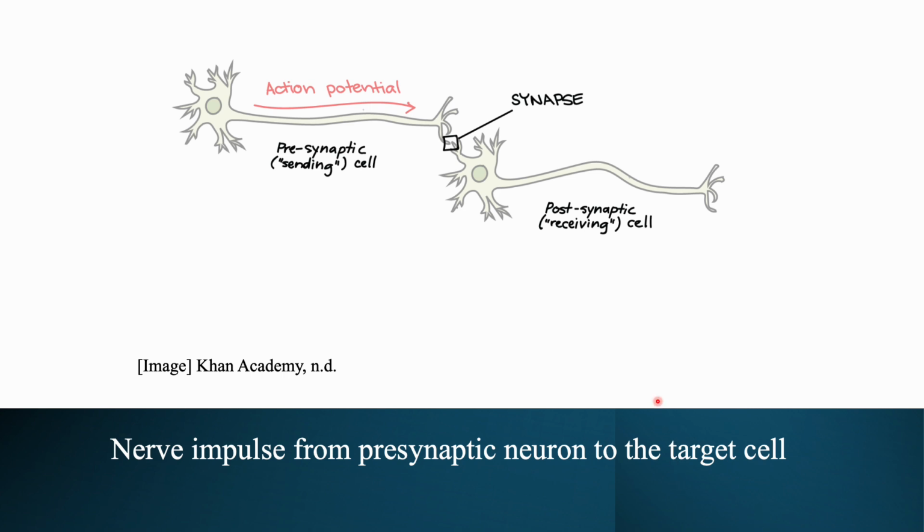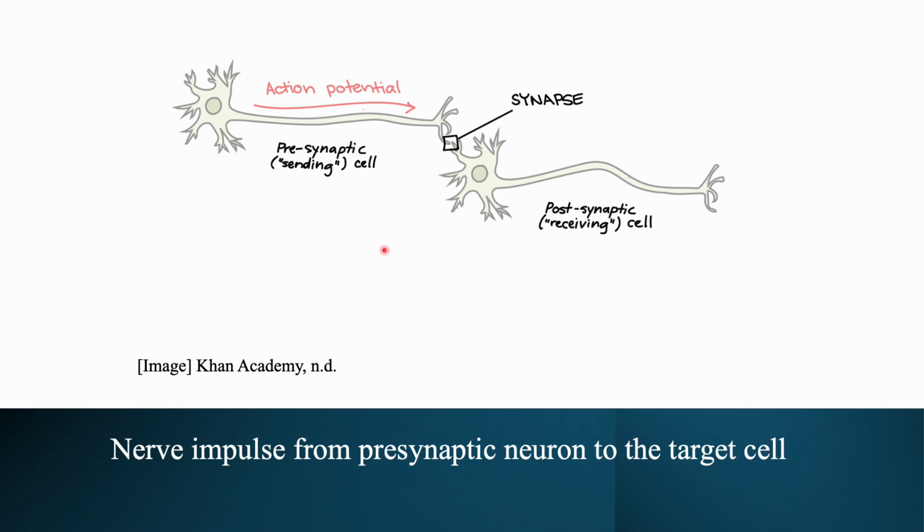I'm just wanting to give you a little bit more of a visual about what I talked about in the last slide concerning the voltage-gated channels. Again, they're normally where there are two neurons close enough together so that the electrical charge from one neuron can travel to the next.